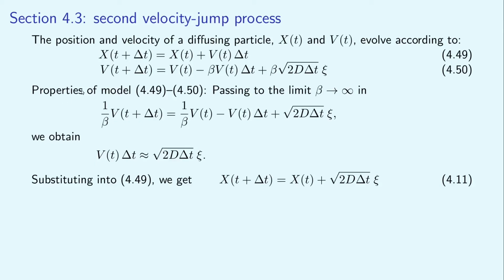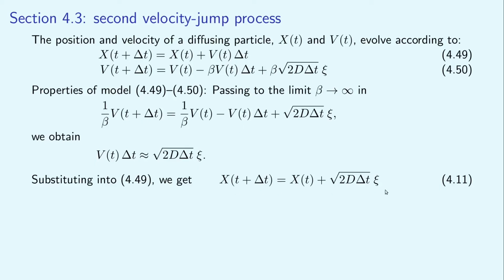First, we divide equation 450 by beta and pass to the limit beta goes to infinity. Then these two terms disappear, and we have that V(t+delta t) is this random term. Substituting into equation 449, we obtain the SDE-based model of diffusion 411.